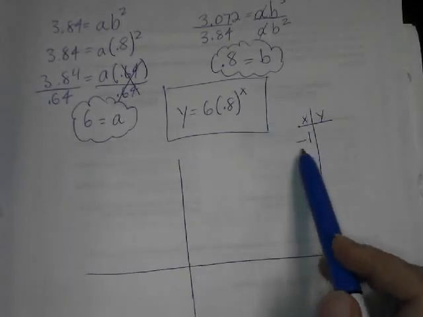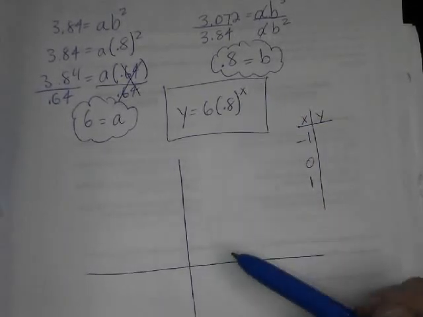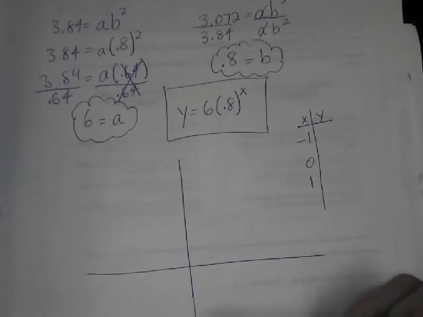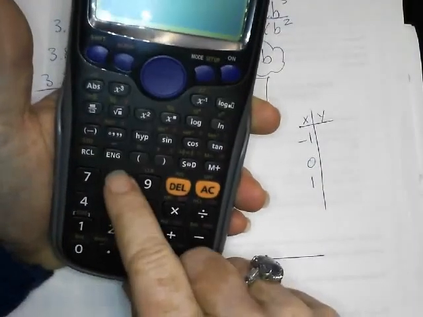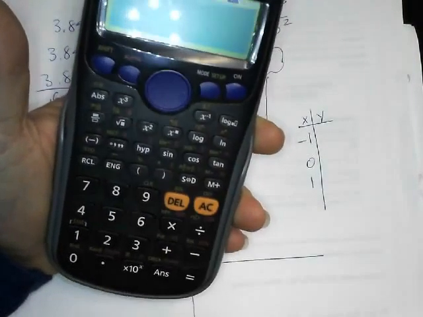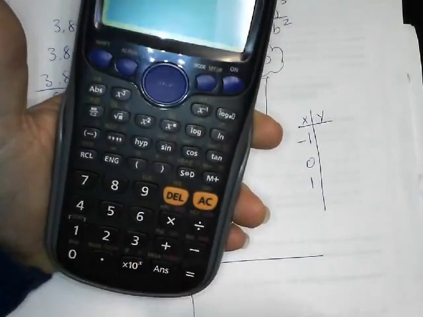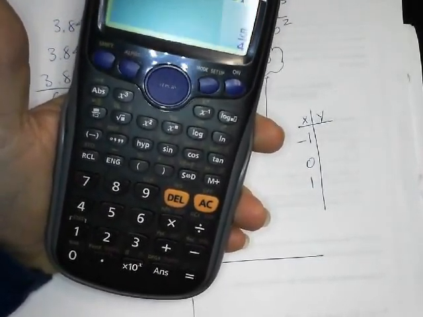So if I just stuck a -1 here, what would that be? 8? Are you sure? Yeah, because no, wait, never mind. 5/4 times 6.